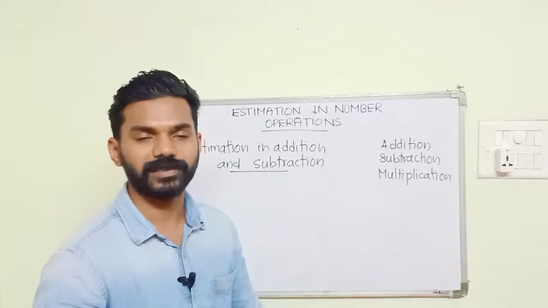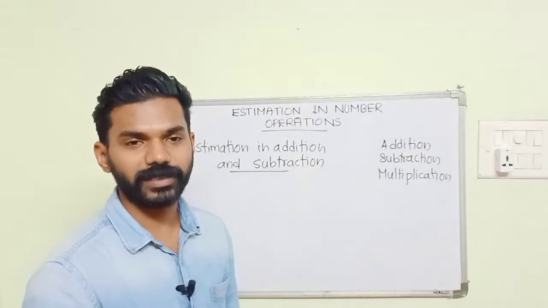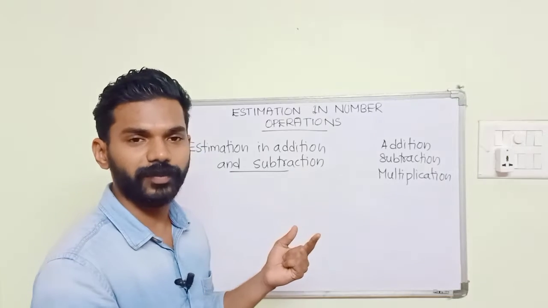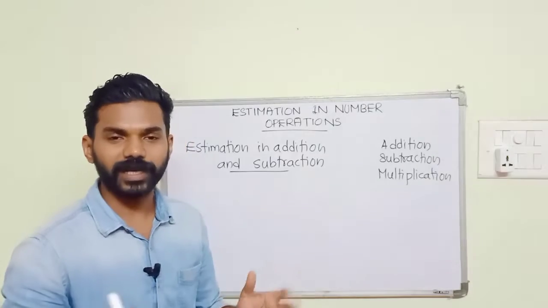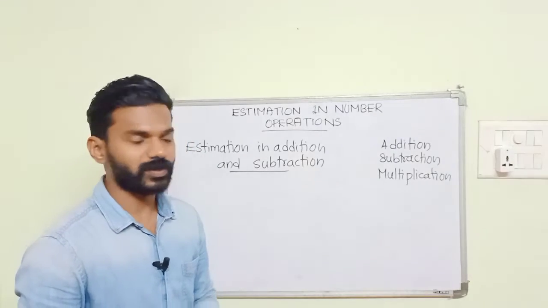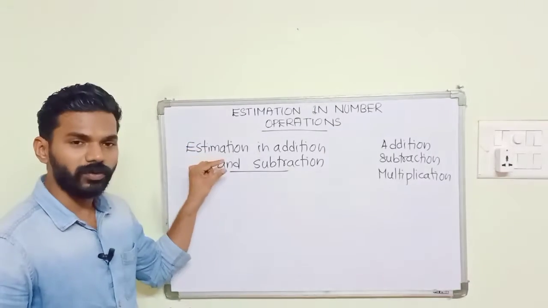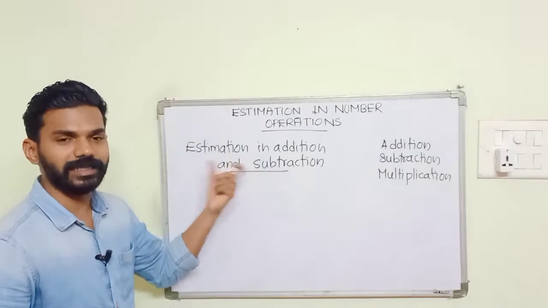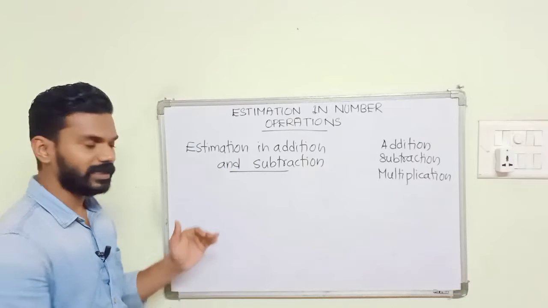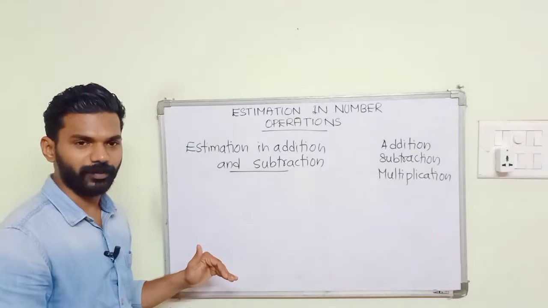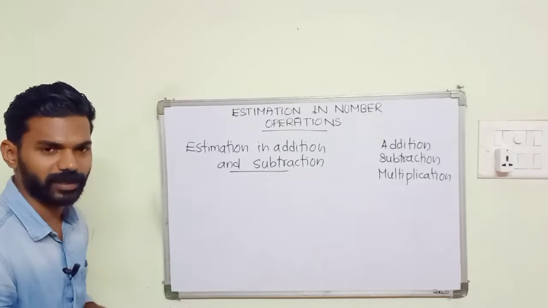They have the same rules. Only the difference is that in one case it will be an addition operation and in the other case a subtraction operation. So now let's check how estimation in addition and subtraction can be done. For that, I am taking some examples.